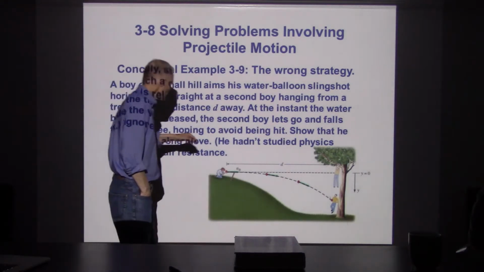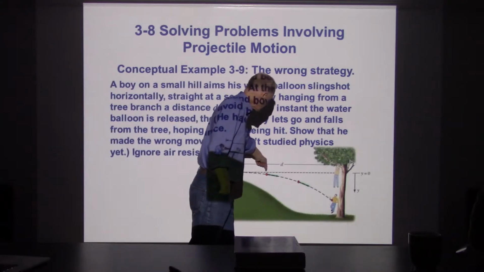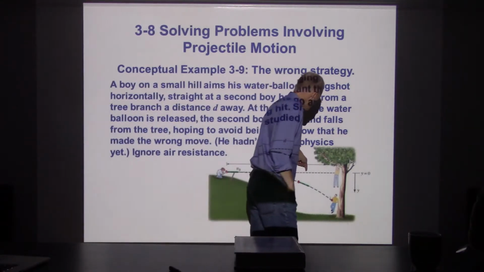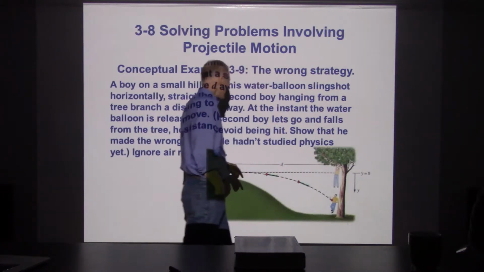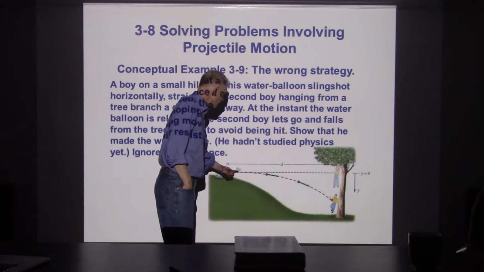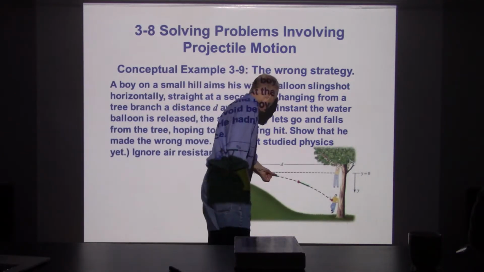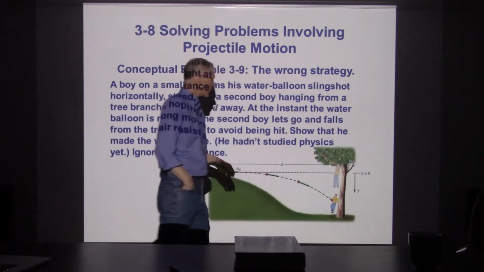So this water balloon is going to get fired horizontally. Now the intention, I guess, is for it to follow a straight path and run into this person, but that's not what's going to happen. What's going to happen is the water balloon is going to be pulled downwards by the force of gravity. That's going to create a downward acceleration.